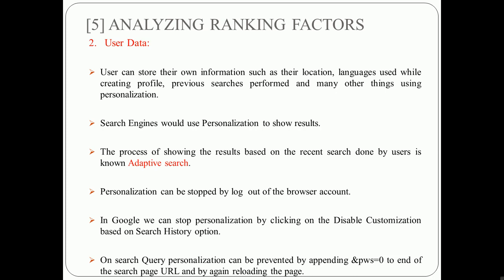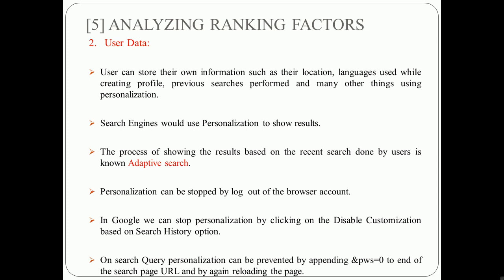Users can store their own information, such as their location, the language used while creating a profile, previous search performance, and many other things, using personalization. If you are using social media or any place, you can also provide this type of information in a website: location, language, profile creation, previous searches performed, and many other things.